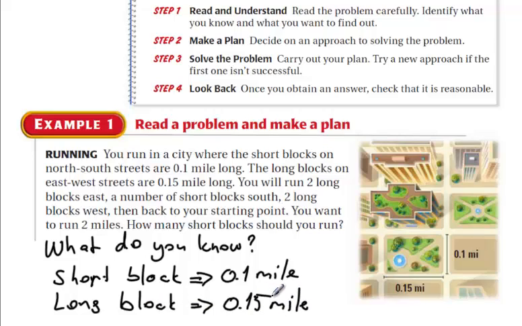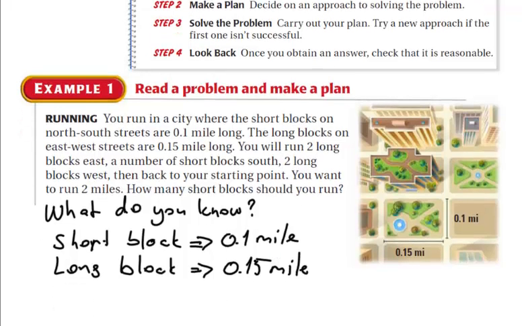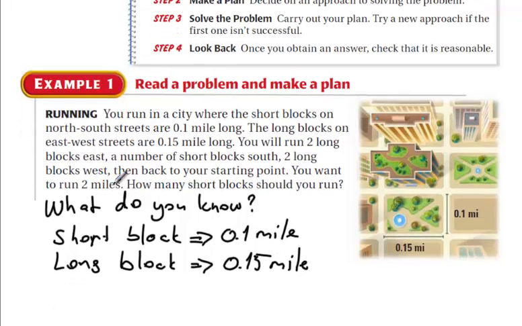Okay, now we wrote what we know. What else do we know? You will run 2 long blocks east and a number of short blocks south, and 2 long blocks west, then back to your starting point. You want to run 2 miles.